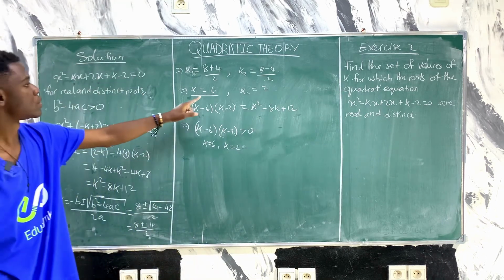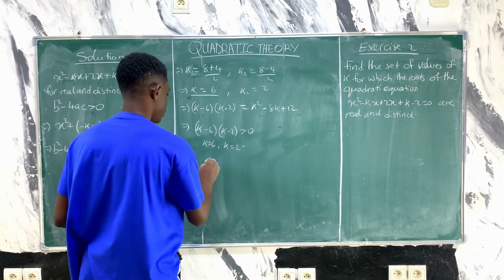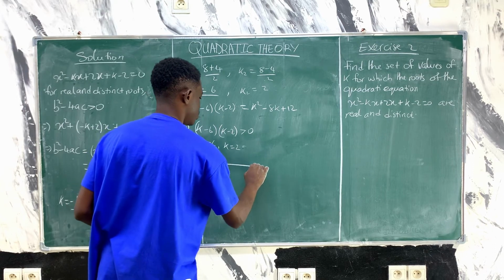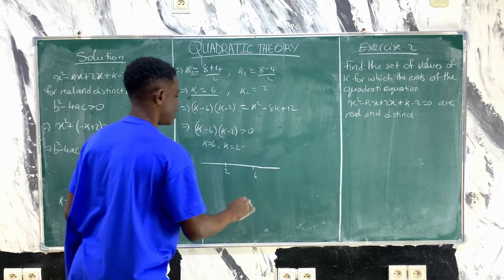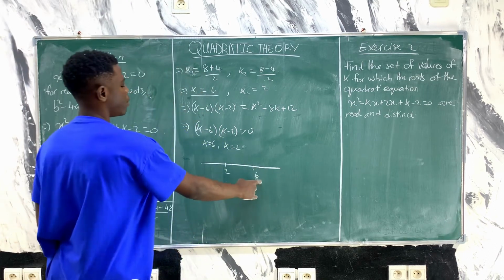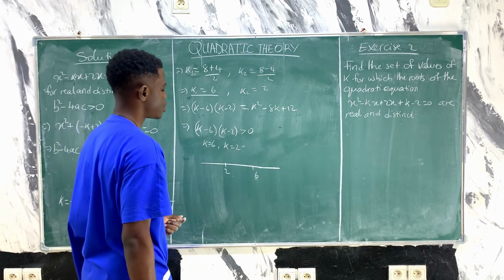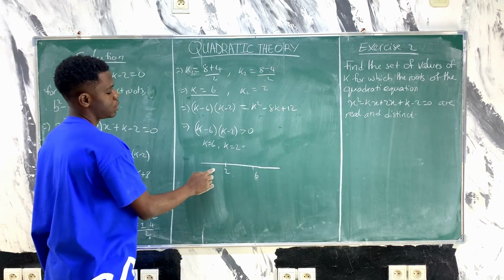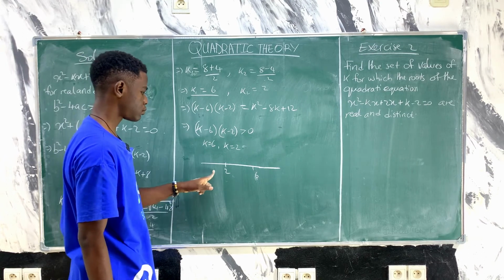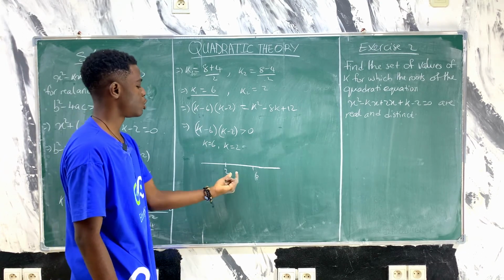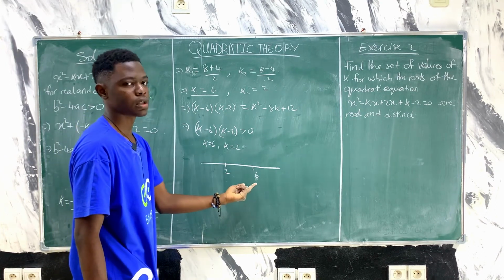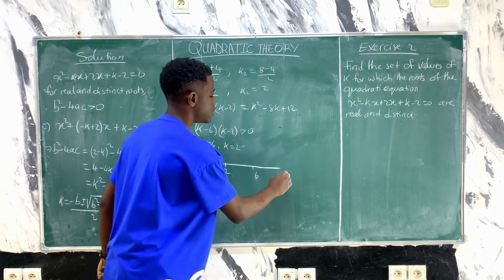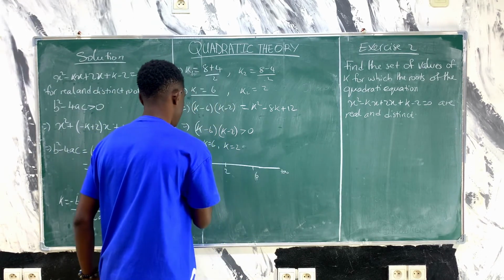To find the range of values, I draw my number line where I put my two values, and I choose a number. I'll put 0. Or you could choose a number in between 2 and 6, or a number in between 6 and positive infinity. Here is positive infinity, here is negative infinity.